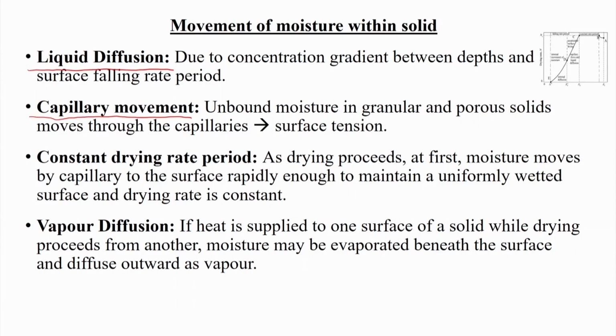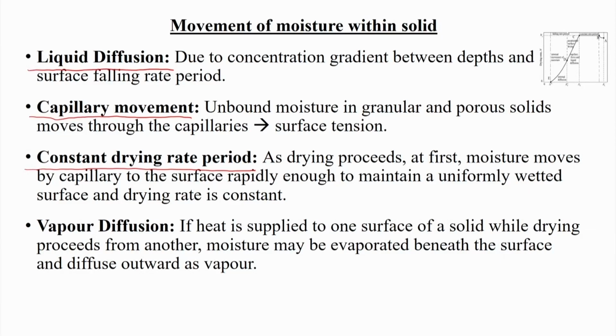Then whenever we discuss the constant drying rate period, we will be discussing in detail what that is. As the drying proceeds, at first the moisture moves by capillary to the surface rapidly enough to maintain a uniformly wetted surface, and the drying rate remains constant.